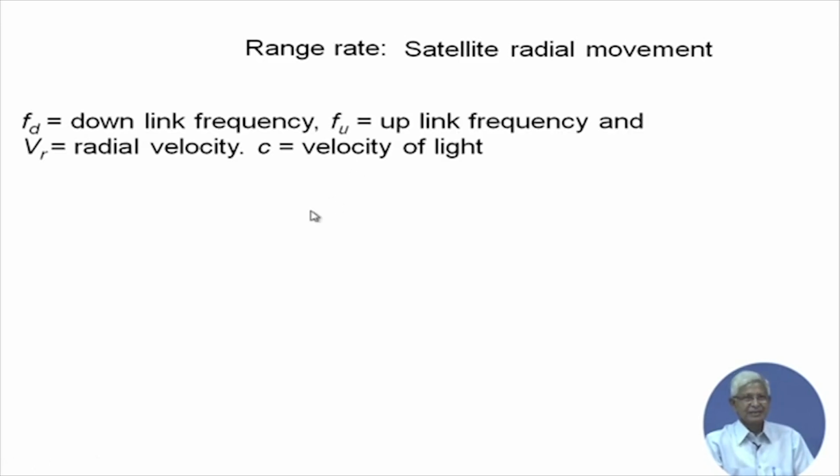So, it may have east-west, north-south, and certain radial movement also, a component which can be radial to the center of the earth. So, that is a radial movement. Now, that means when you are trying to do the range, at that time the satellite itself is moving, at a particular rate, that is called range rate.